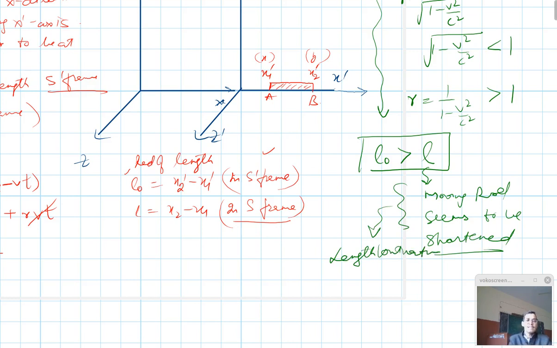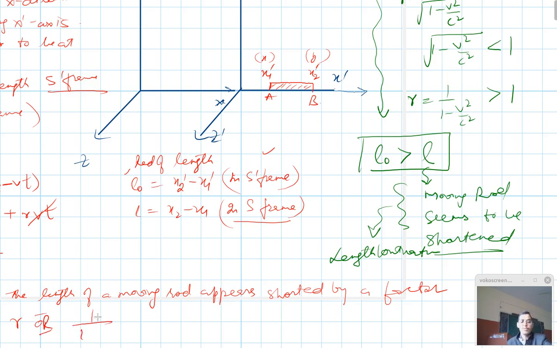So let me summarize the result here: the meaning of length contraction is that the length of a moving rod appears shortened by a factor gamma, or I can say by a factor of 1 over the square root of 1 minus v square by c square, and this is known as length contraction, right?